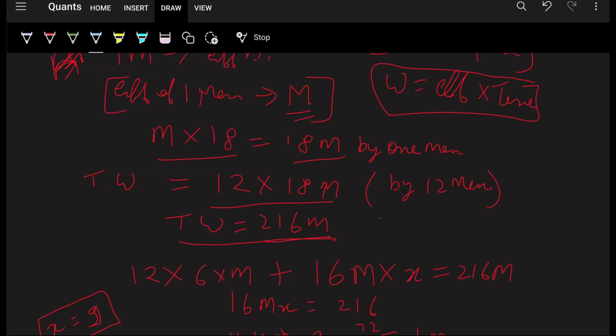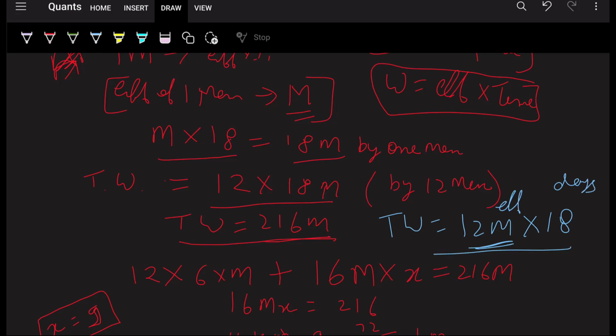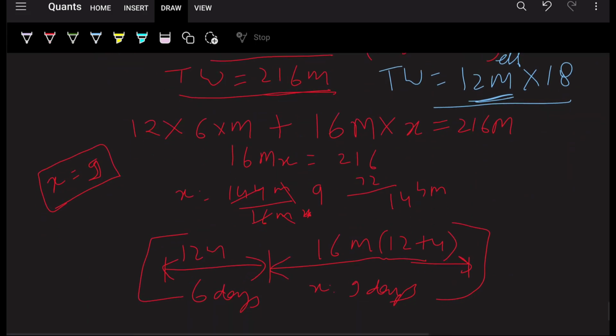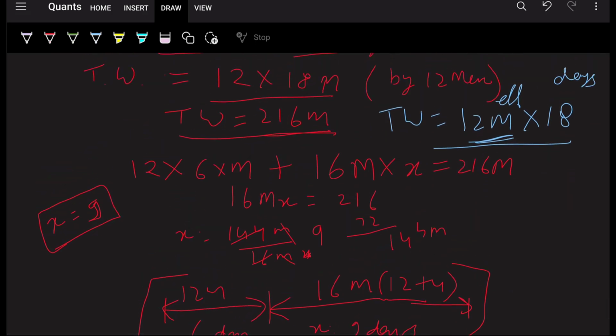I'm saying that total work will be 12m into 18, where 18 is days and 12m is the combined efficiency of 12 men. So now we got the total work, and it has come as 216m. Now according to the question, for 6 days 12 men work, so 12m into 6 is the work done in 6 days by 12 men. Plus, 4 men join them, so after joining, the total will be 16 men.